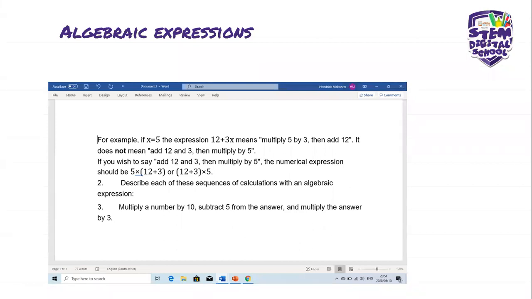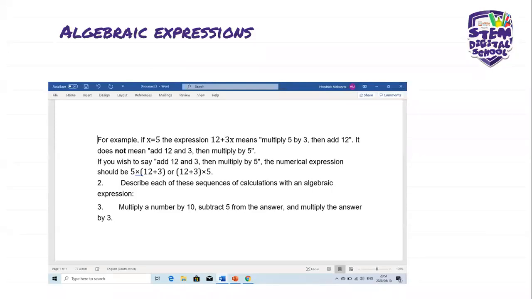For instance, if you were to describe each sequence with an algebraic expression, the first one says: multiply any number by 10 and then subtract 5 from the answer and multiply that answer by 3. Any number can be x.